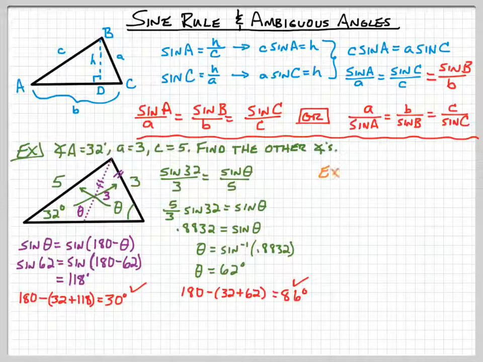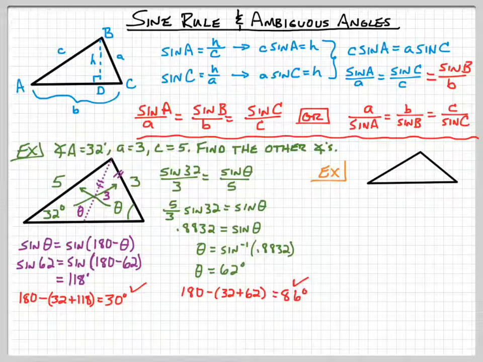So let's look at another example. We've got a slightly different triangle just to keep it interesting. We're still going to label them A, B, and C. And now we've got 55 for angle A, 4.5 for side A, and 3.6 for side B. So we're still going to try and find the other angles for this triangle.